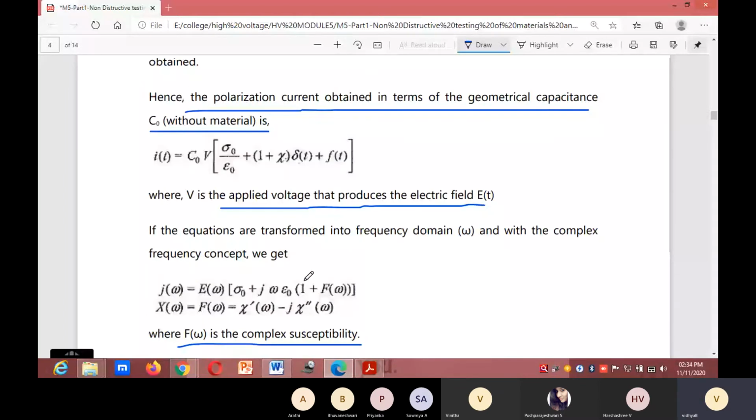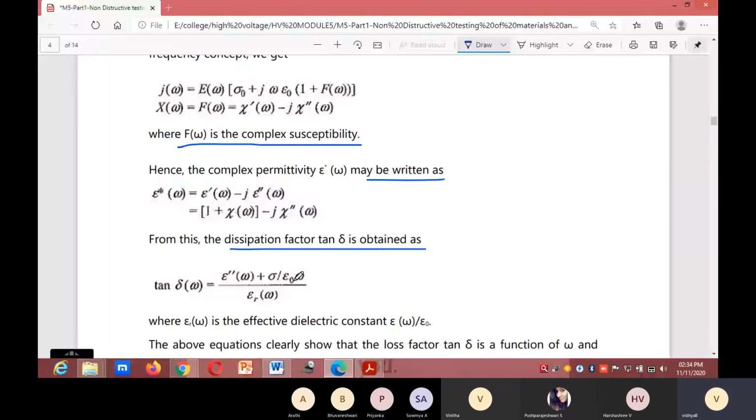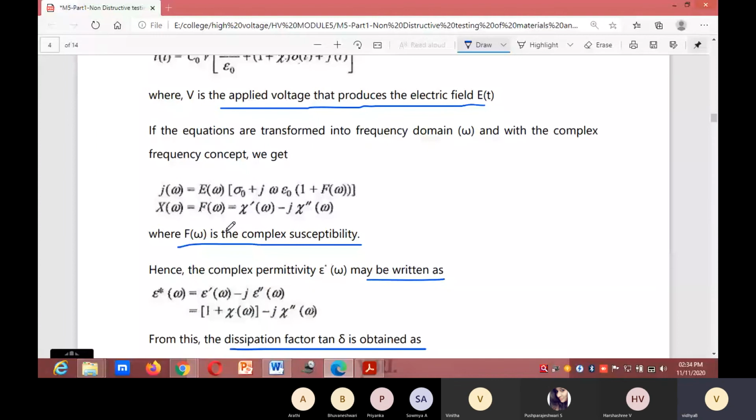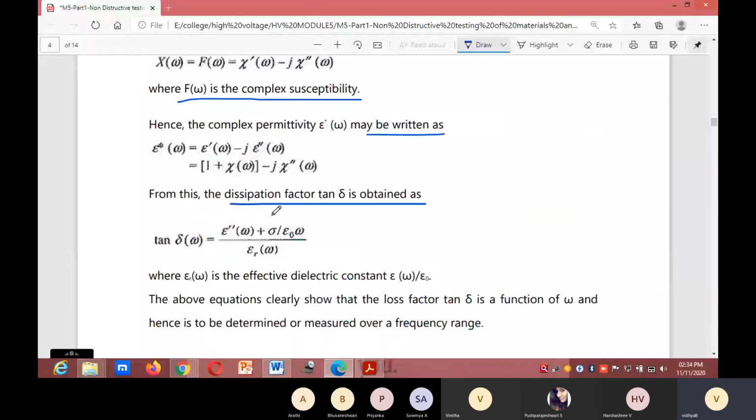Before, we have written that tan delta, that is the dissipation factor, is equal to epsilon double dash of omega plus sigma divided by epsilon naught omega, divided by epsilon dash of omega over epsilon naught. Epsilon of omega over epsilon naught is the effective dielectric constant.